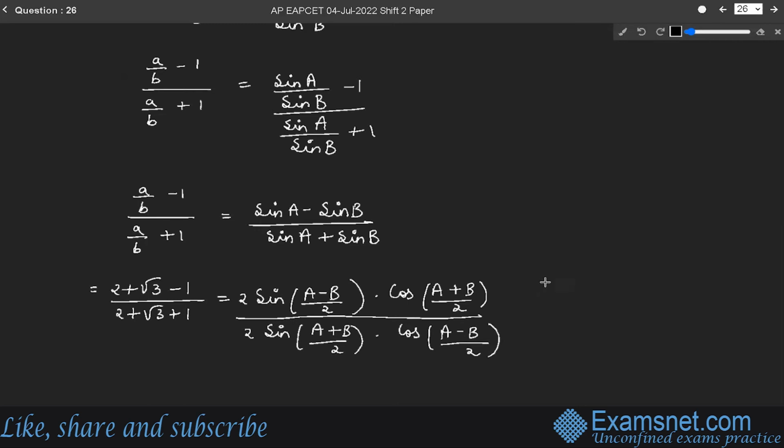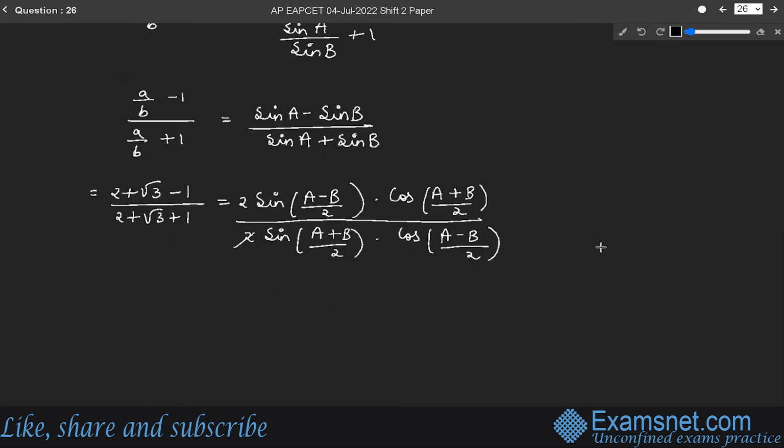We have applied the formula here. This 2 and 2 will be cancelled. So it becomes 2 plus root 3 minus 1 is 1 plus root 3 divided by 2 plus 1 is 3. So 3 plus root 3.